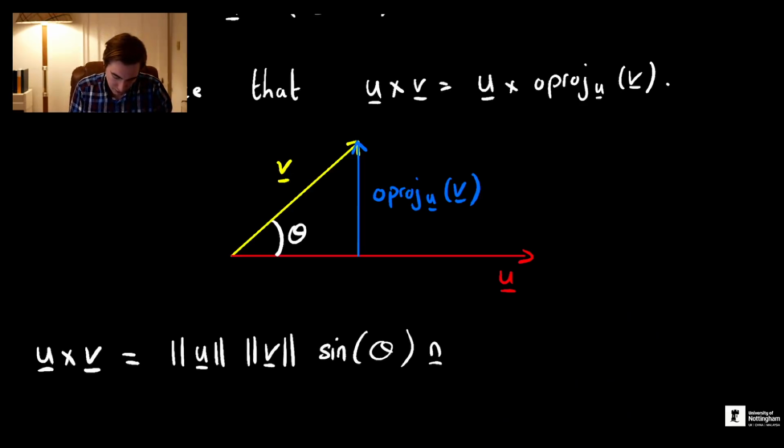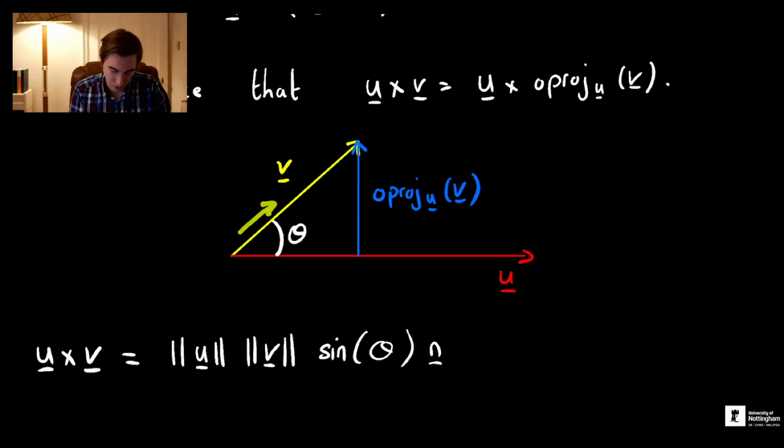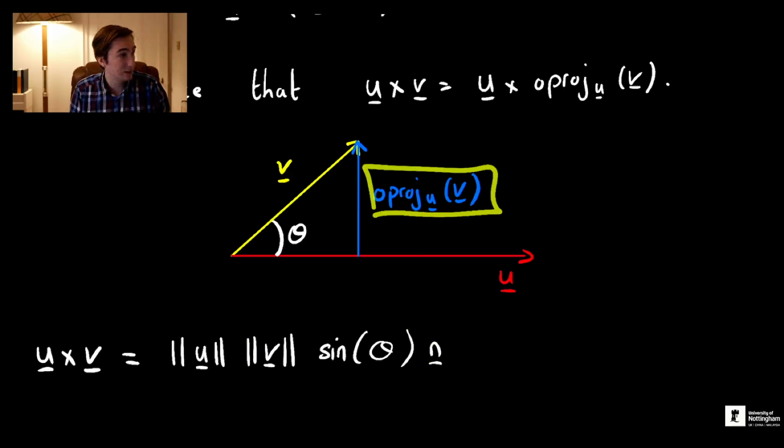What we can realise here is this piece is exactly just the orthogonal projection, using some simple trigonometry. If we think of this as our hypotenuse, this is the opposite angle, then the product of the length of V with sine of theta is equal to the length of this thing.